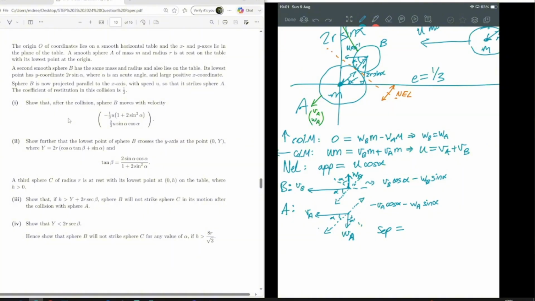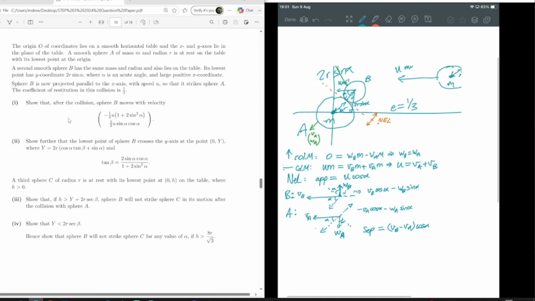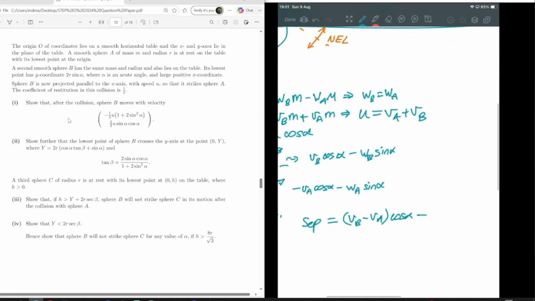To find their speed of separation, I'm going to add these two arrows together. So that's going to be VB minus VA, lots of cos alpha, minus WA plus WB sine alpha.